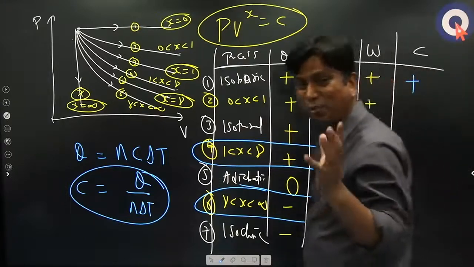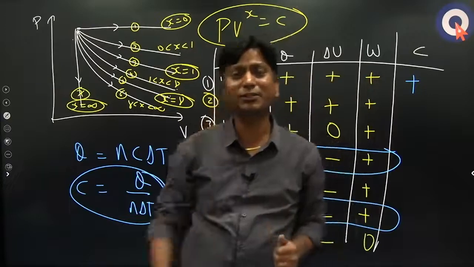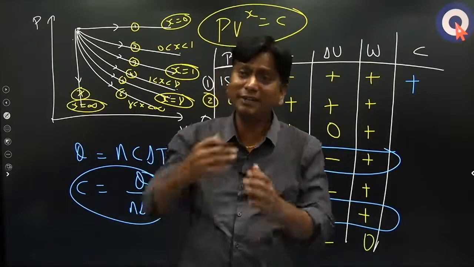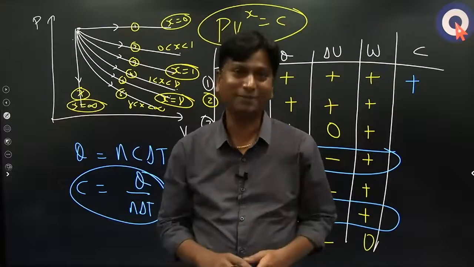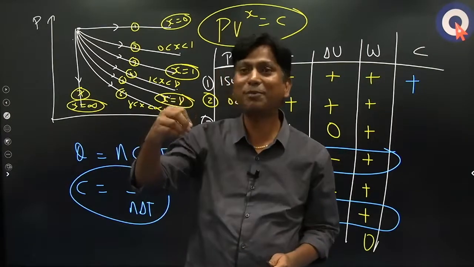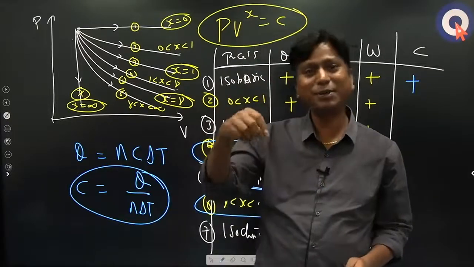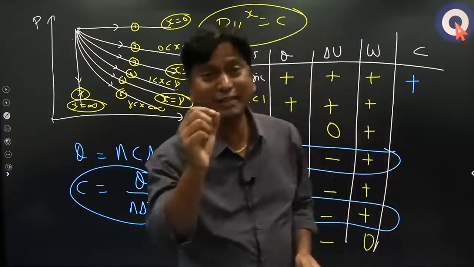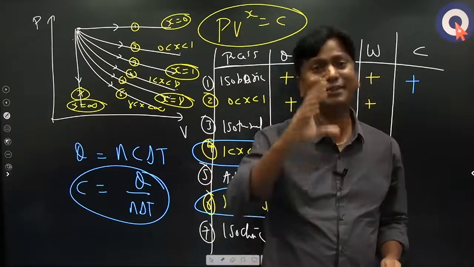What does it mean that molar specific heat is positive? When heat is absorbed by a system, its temperature will increase. In the same way, when heat is rejected by a system, its temperature will decrease. The reverse will not happen. Reverse means that even when heat is absorbed, the temperature decreases. That means the molar specific heat of that particular process is negative.